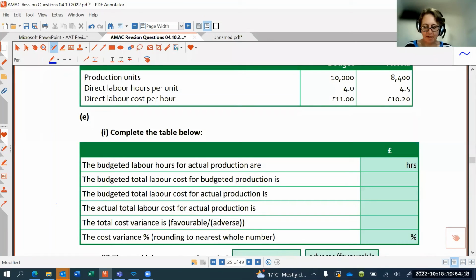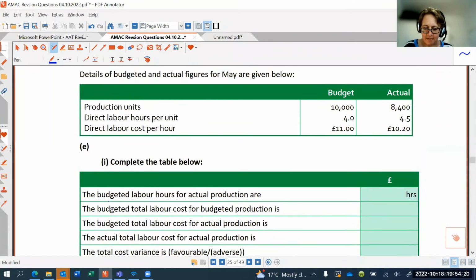So it's asking firstly for the budgeted labour hours for the actual production. Take it literally. The budgeted labour hours needed for actual production. So how many hours am I budgeting for my actual production? What do I need? I need the actual production. So let's go to production units. Let's go to actual and pull that one out. So that's the actual production part done.